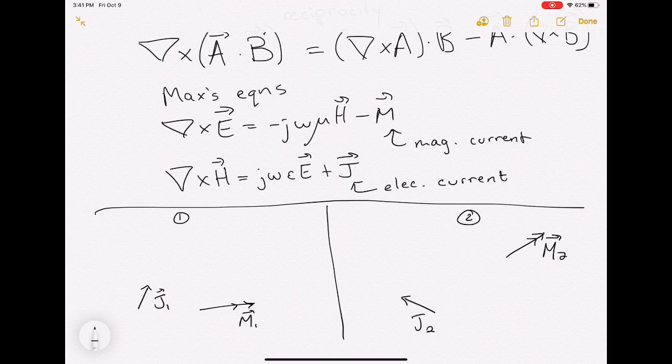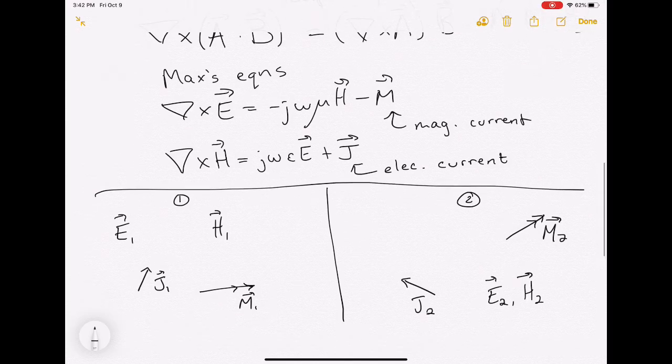Which means that in problem 1, we have electric field E1, and magnetic field H1. And in problem 2, we have E2 and H2, like that.